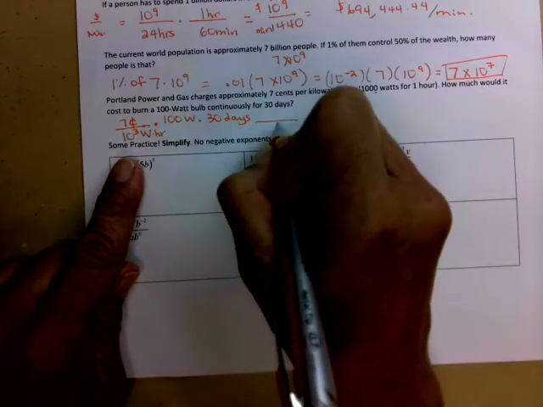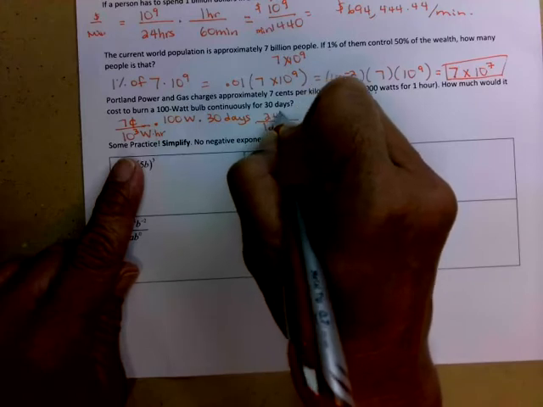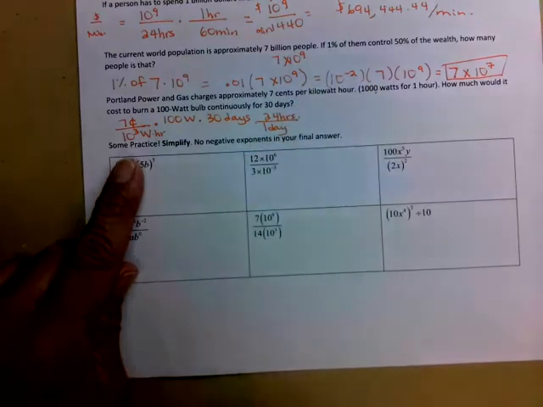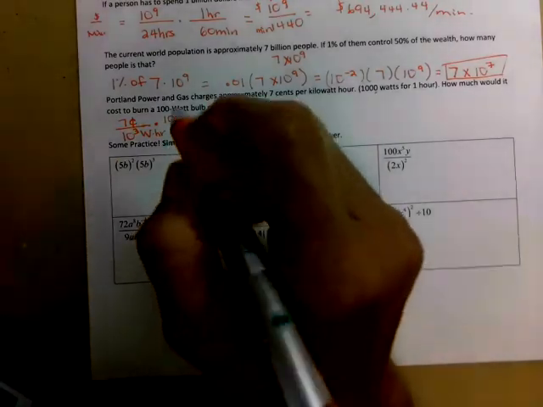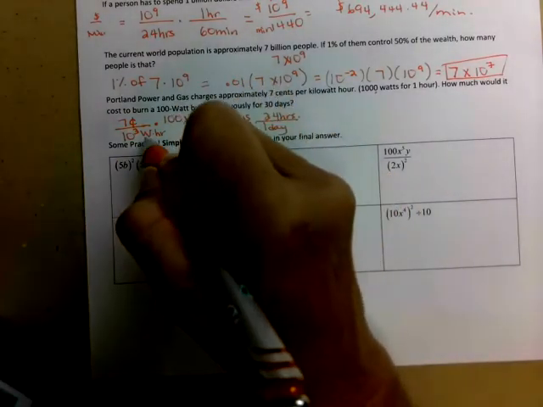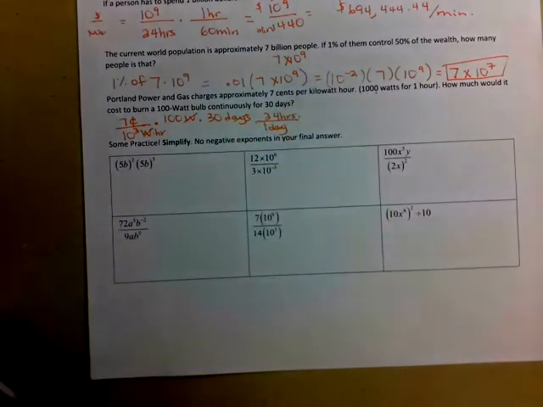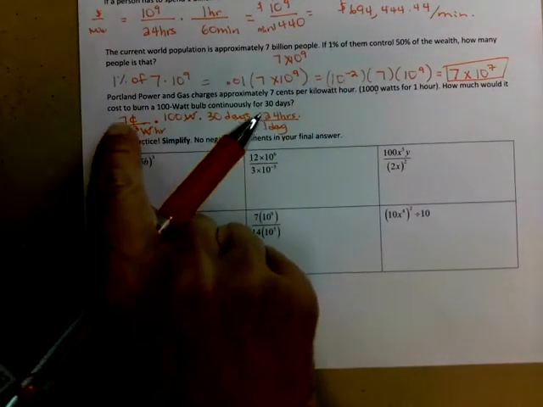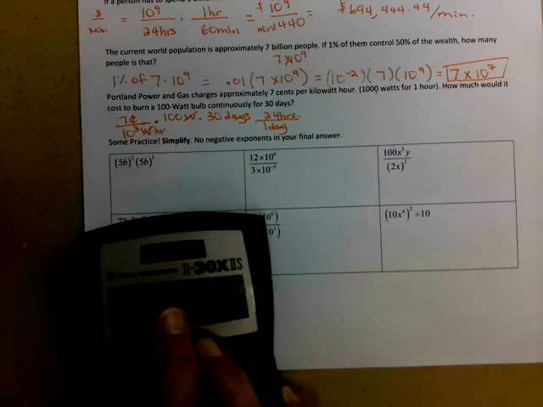So 1 day is 24 hours. Okay, is everything going to cancel out for me? So my watts, my days. Let's see, this is 7 cents. So my answer is going to be in cents, so that's good.